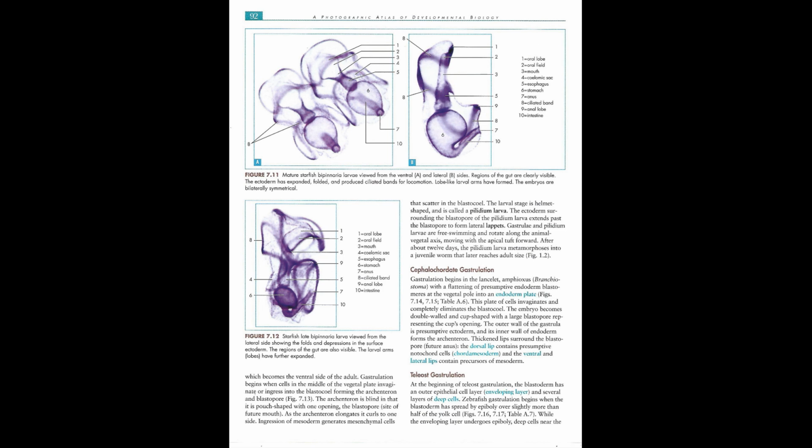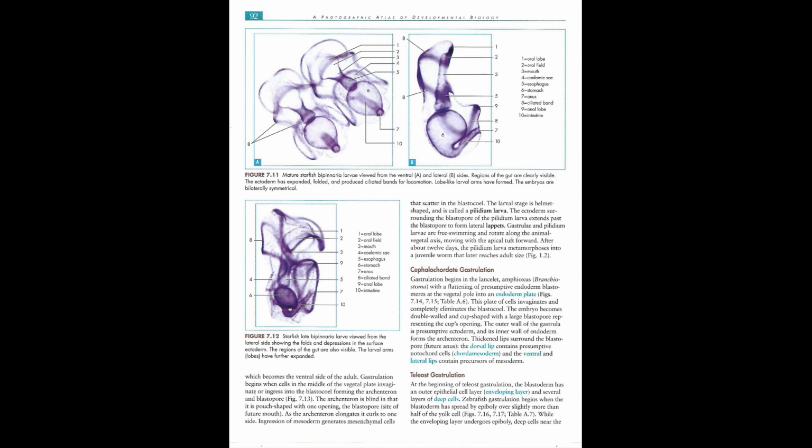Teleost gastrulation. At the beginning of teleost gastrulation, the blastoderm has an outer epithelial cell layer, the enveloping layer, and several layers of deep cells. Zebrafish gastrulation begins when the blastoderm has spread by epiboly over slightly more than half of the yolk cell, Figs. 7.16, 7.17, Table A.7.